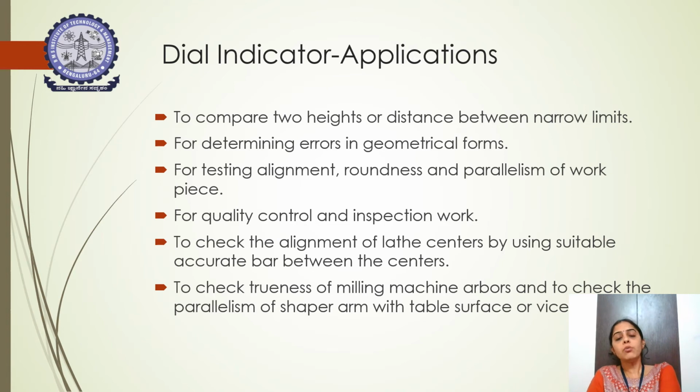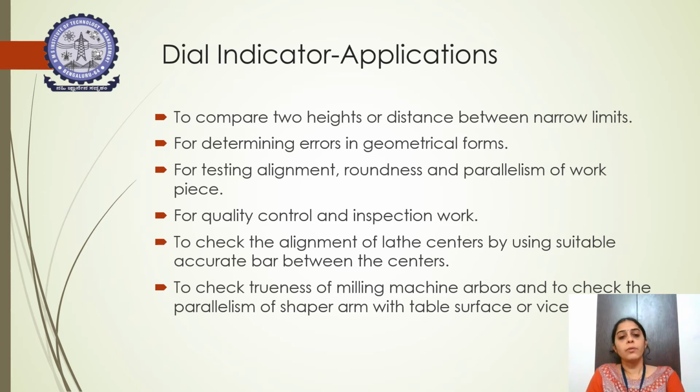Then you should know what the applications of the dial indicator are. It is used to compare heights or distances between narrow limits, and also to determine errors in given geometrical forms. Apart from linear and angular measurements, there are geometrical forms where we take measurements and check for any associated error.